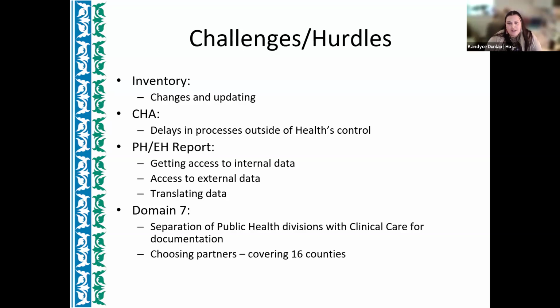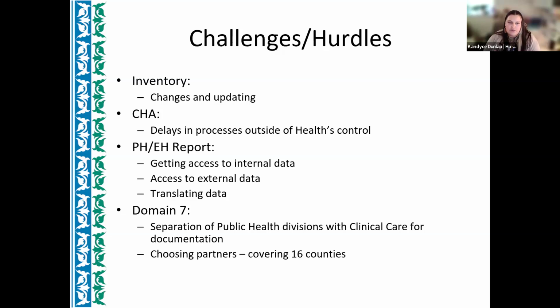And domain 7 as a whole, I know Chelsea kind of alluded to this as well, the separation of what is public health and what is clinical care. We as an entity have pharmacy, we have optical, dental, clinical, behavioral health, but then we also have community health, public health, environmental health. So how do we collaborate with one another when we're still internally in the same organization, but also divide ourselves?